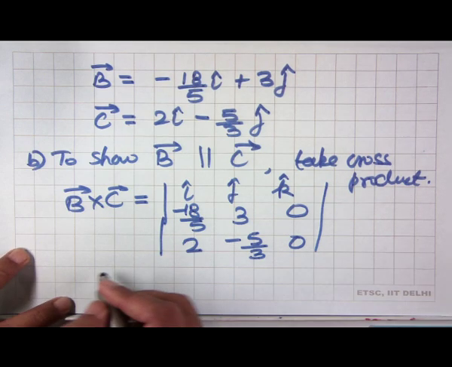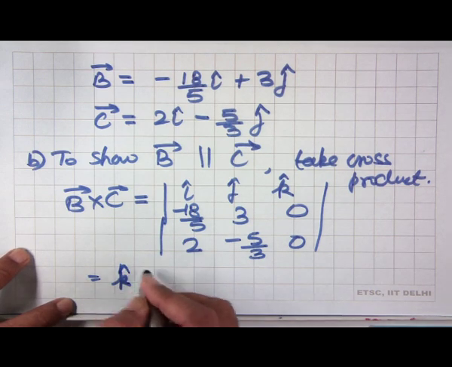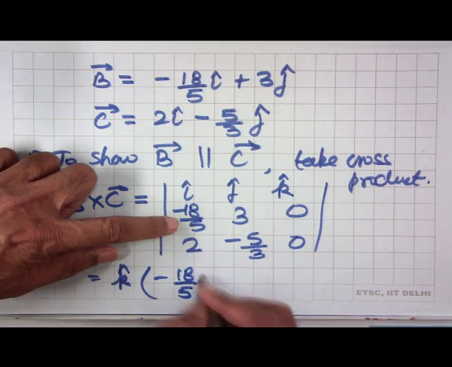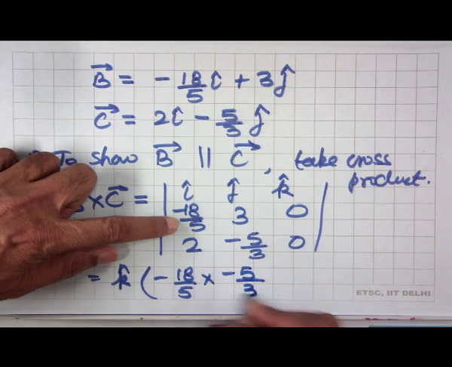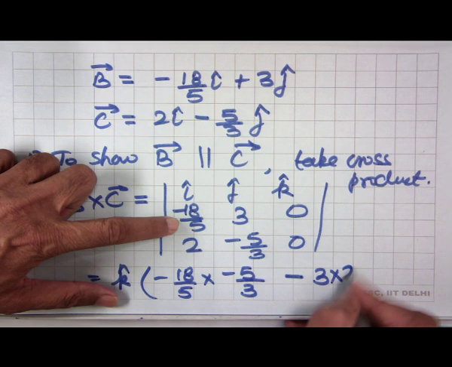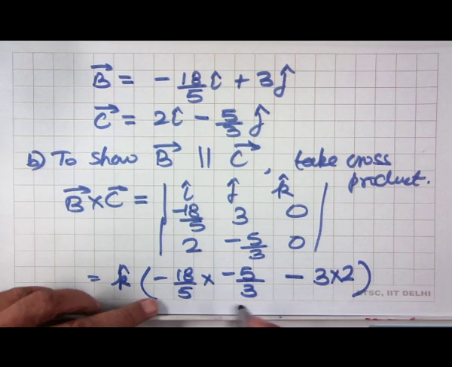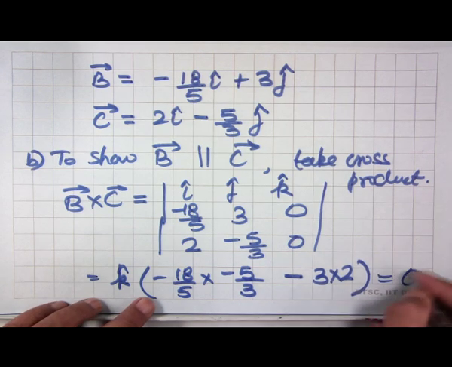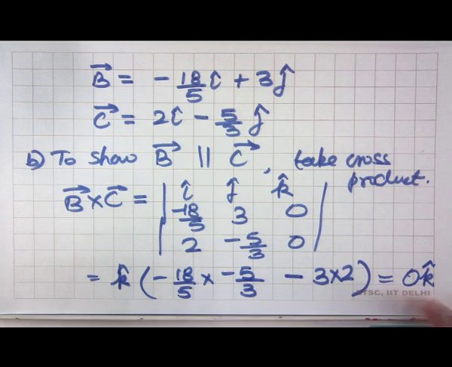This gives us k times minus 18 by 5 multiplied by minus 5 by 3, minus 3 multiplied by 2. So, this is basically equal to 0 k. Since this is 0, B and C are parallel.